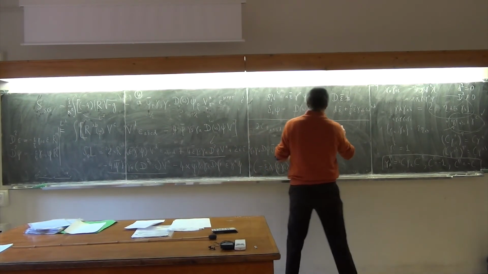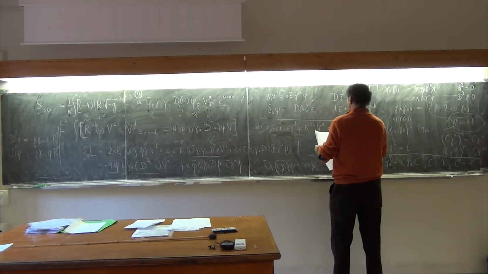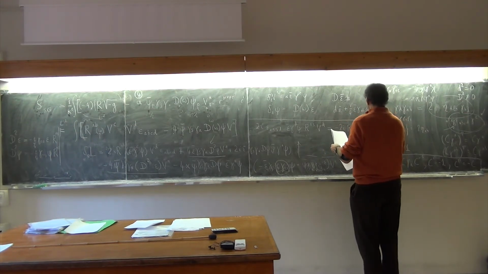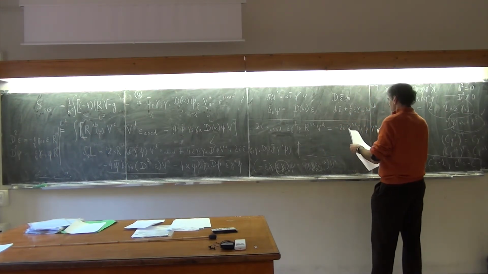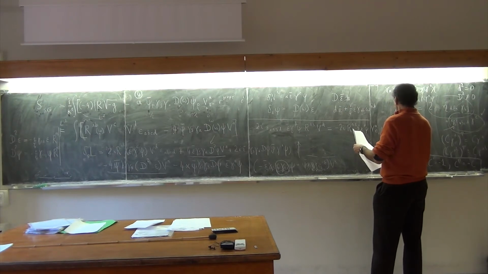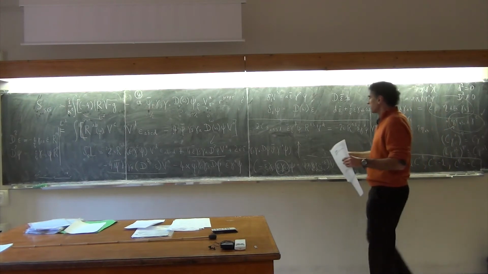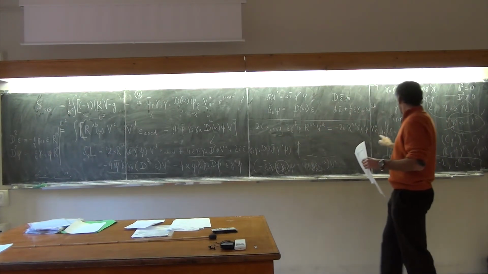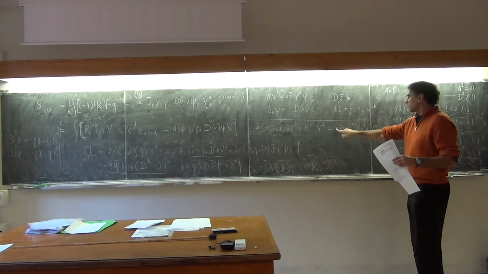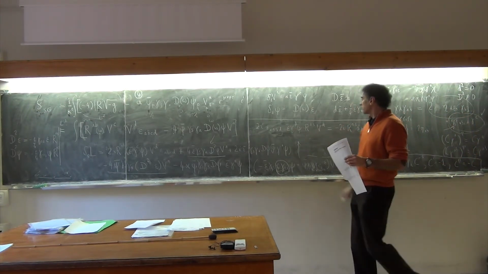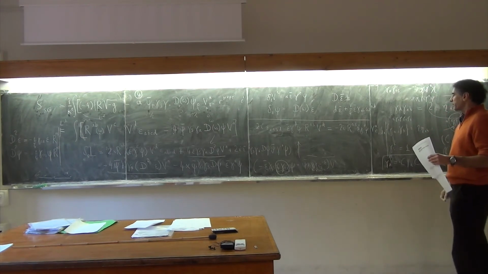This I can rewrite in this way, minus 2i epsilon gamma d psi. I put the epsilon at the end, I change the place of this A, and this takes a minus sign, and the rest is unchanged. This is a 2 form, I can commute it everywhere.